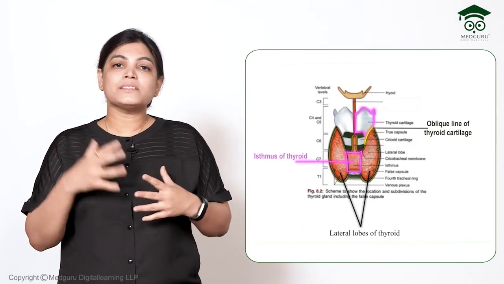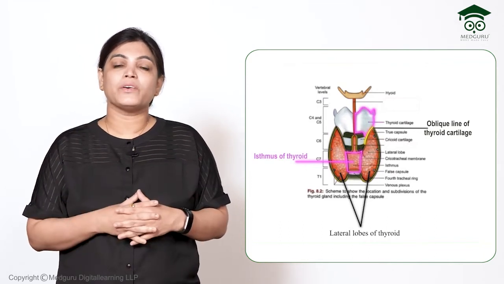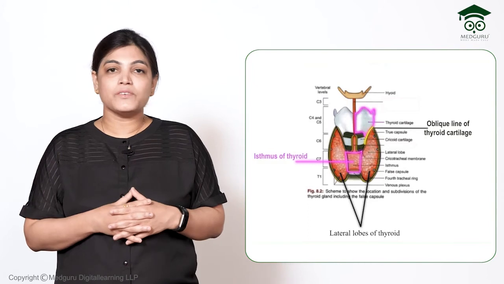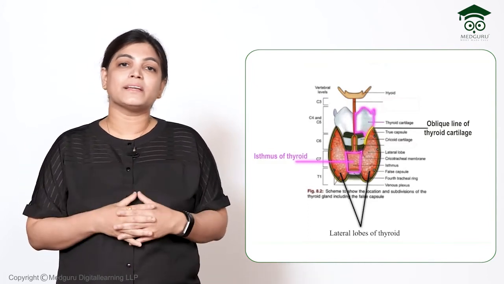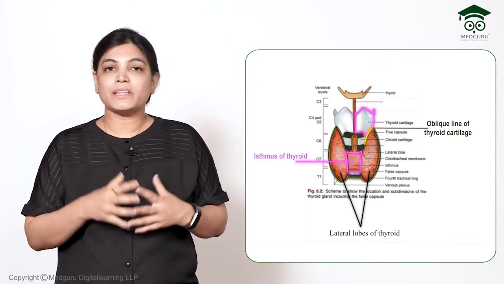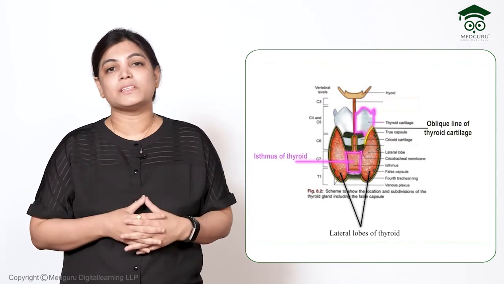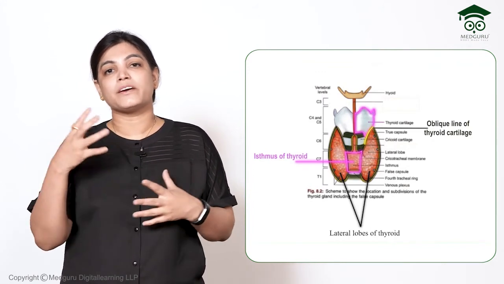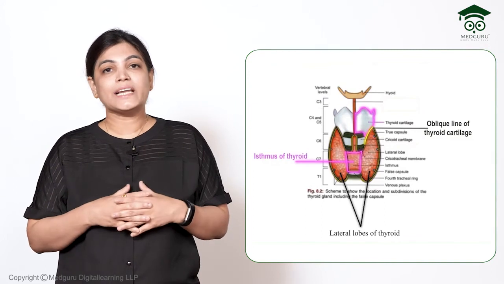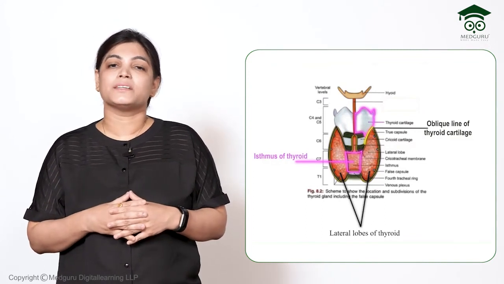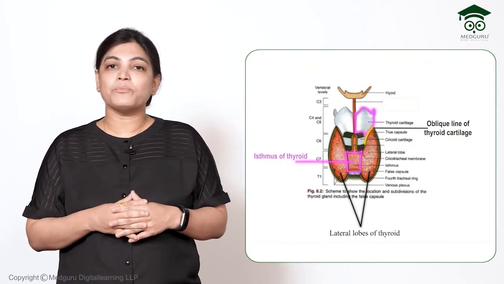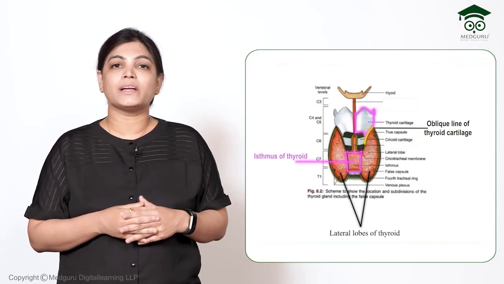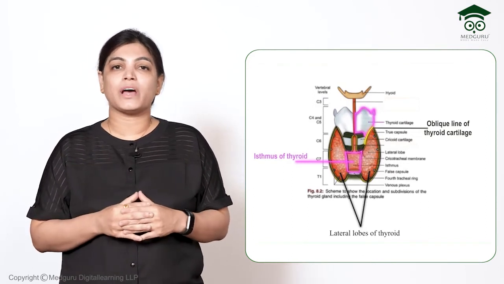The venous drainage corresponds to parathyroid veins. And coming to the nerve supply, sympathetic is from the cervical sympathetic ganglion, but the secretion of the hormones which is released by the parathyroid gland is under hormonal control. So in brief, we have also discussed the parathyroid gland lying on the posterior aspect of thyroid gland.